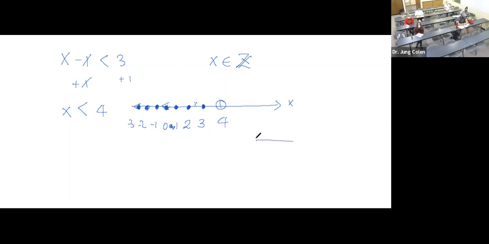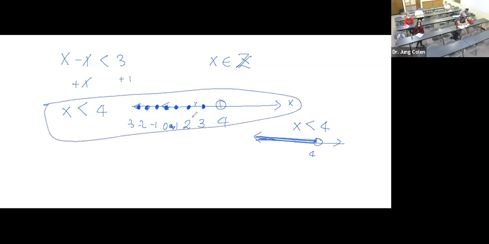Compare that with 4 on this side. We are still using exactly the same inequality. X is less than 4. This is also x is less than 4, and this is also less than 4. What's the big difference here? Why do we draw that differently?